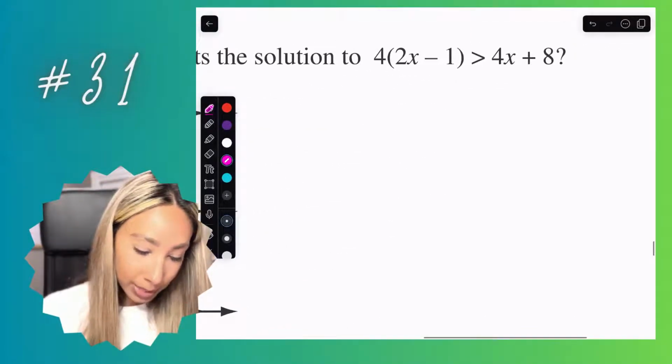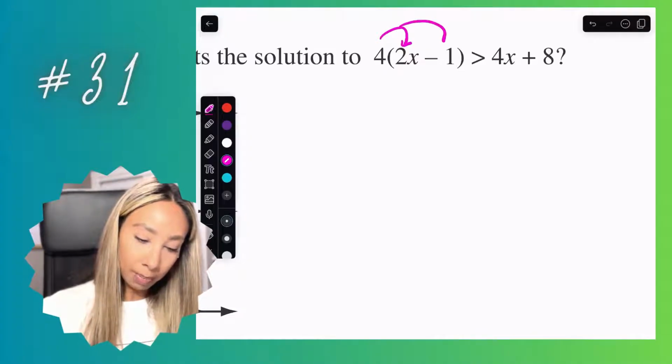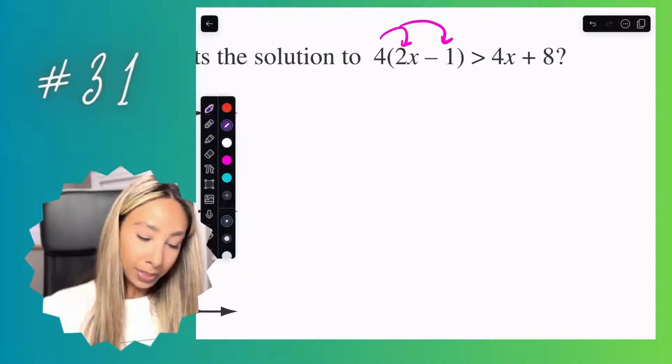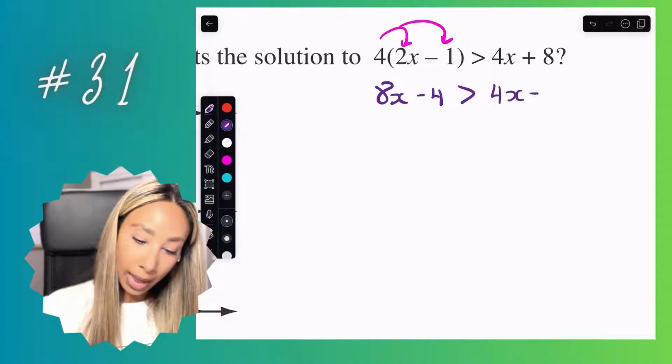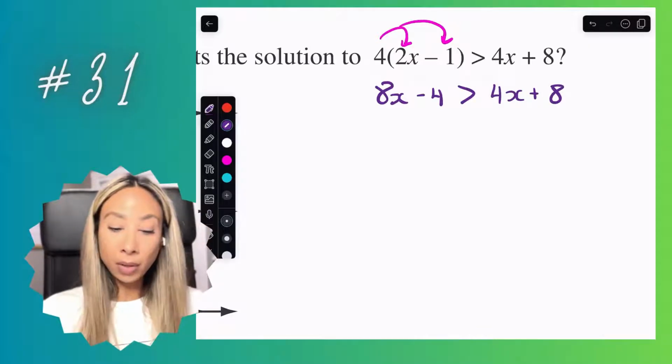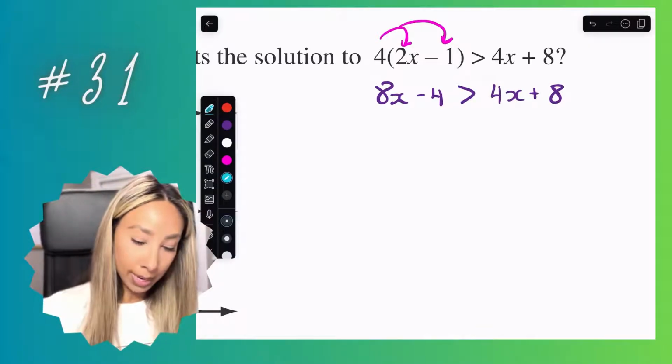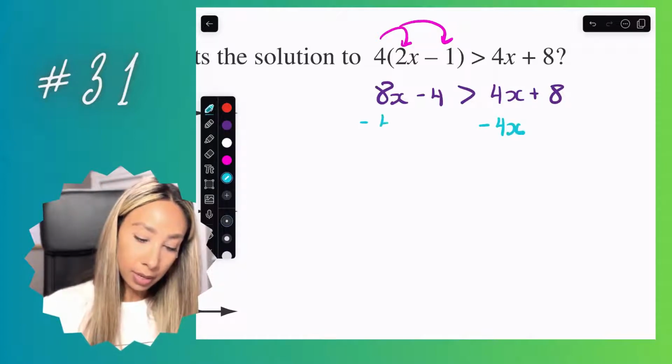So what I'm going to do is just like last time, I'm going to go ahead and rainbow in that number outside. That's going to leave me with 8x minus 4 is greater than 4x plus 8. Now let's move our smaller x. My smaller x is going to be the 4x. So I'm going to add a negative 4x to both sides to cancel that out.